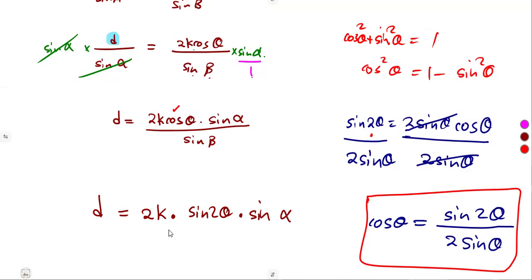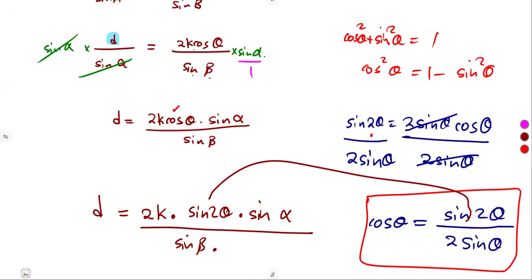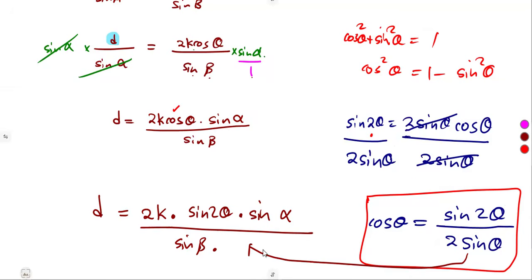The denominators: there was sine of beta and the 2 sine theta that we left, written in the denominator. Just like that.